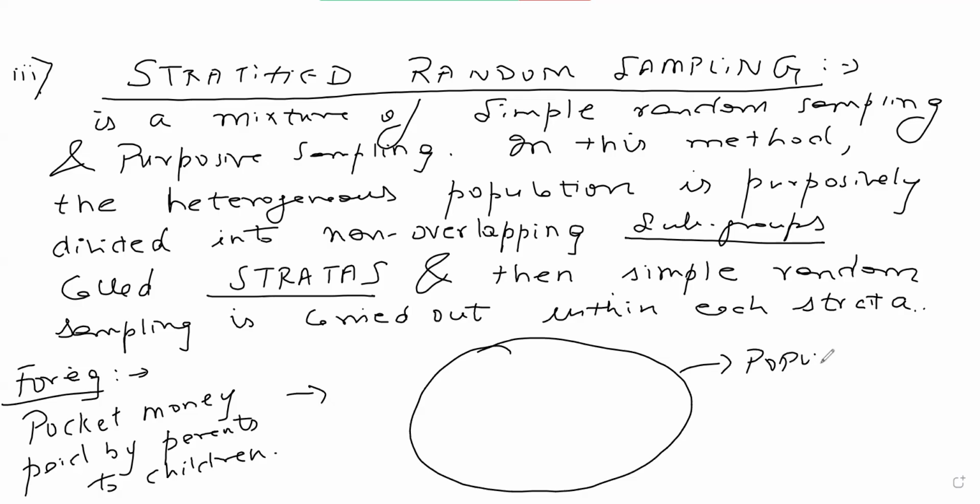This population now consists of students who are in grade 12, undergraduate students, postgraduate students, and doctorate students. So what we are doing is dividing the whole population into subgroups, and these are non-overlapping.